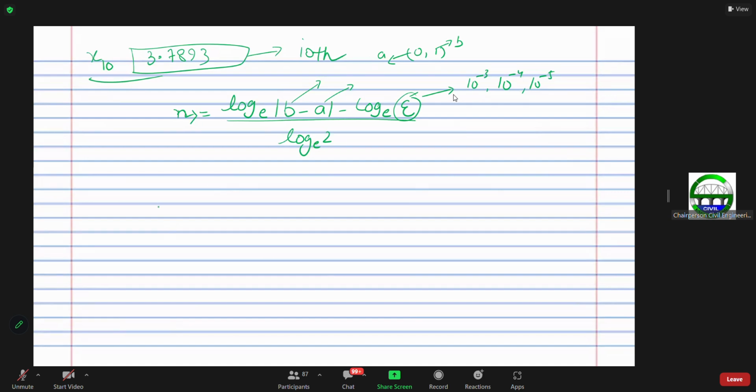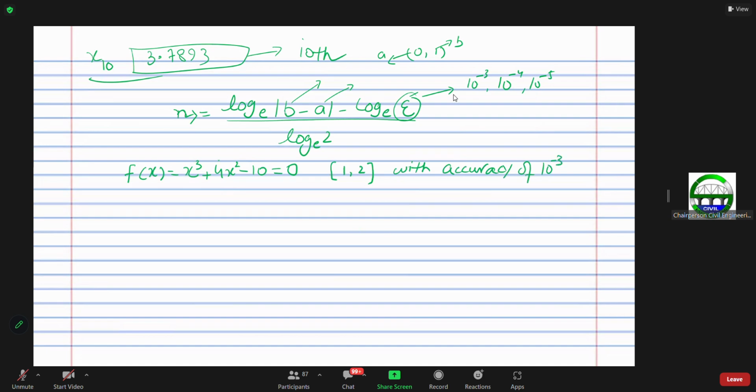So for example, they say that you have an equation like f of x is equals to x cubed plus 4x squared minus 10 is equals to 0. Use the bisection method over an interval of 1 to 2 with an accuracy of 10 raised to power minus 3.